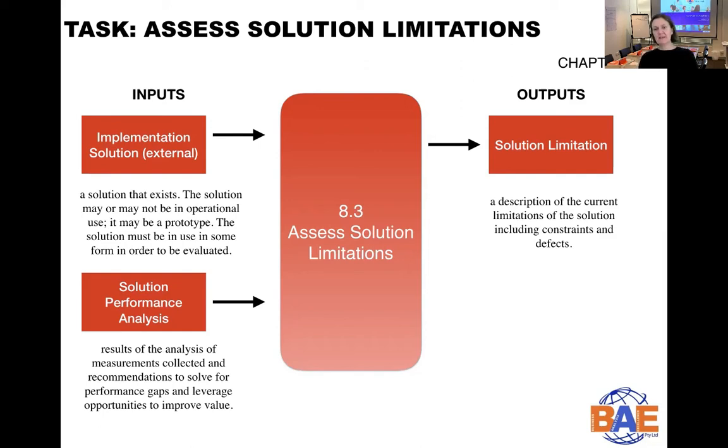And then, as you can imagine, I've put the output here as solution limitation. It's probably solution limitations in the plural. This is basically a description of the current limitations of the solution, including any constraints or defects that you might have come across. So that's the output of this task.